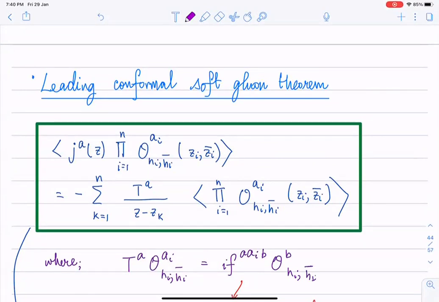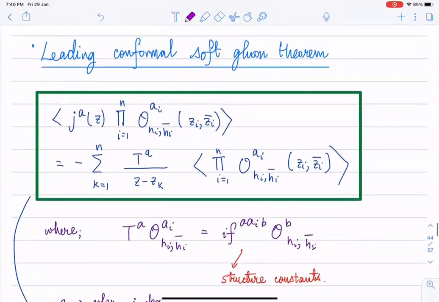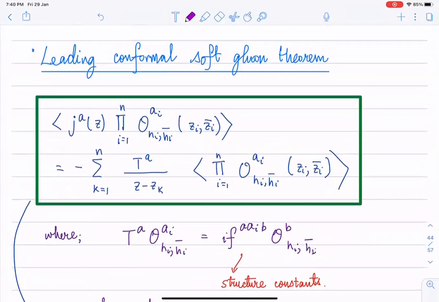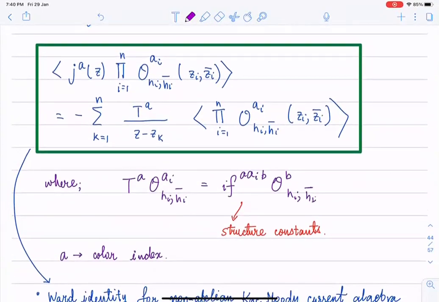So for example, if you consider some scattering amplitude in some non-abelian gauge theory, like Yang-Mills, then in that case also you can take the soft gluon limit. If you take the leading soft gluon limit, where you take again this limit where delta goes to 1, then again what you can show is that on the celestial CFT side you get a Ward identity.